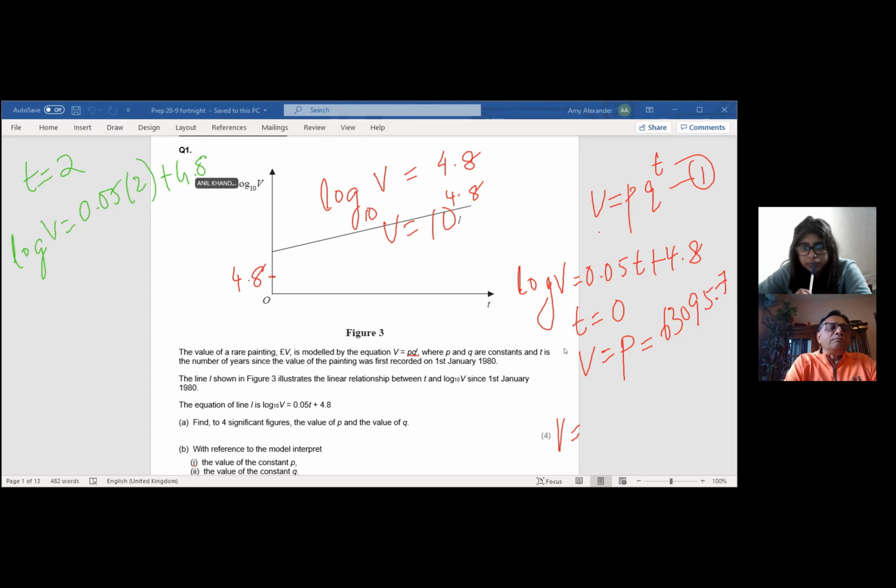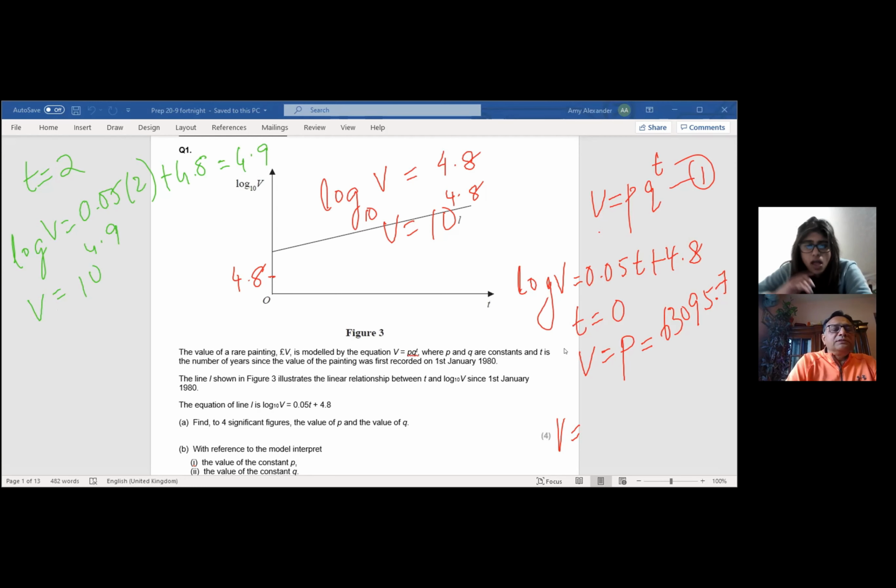From here you can calculate V. What is this? 4.9. So you get V equals 10 to the power of 4.9 for T equals 2.